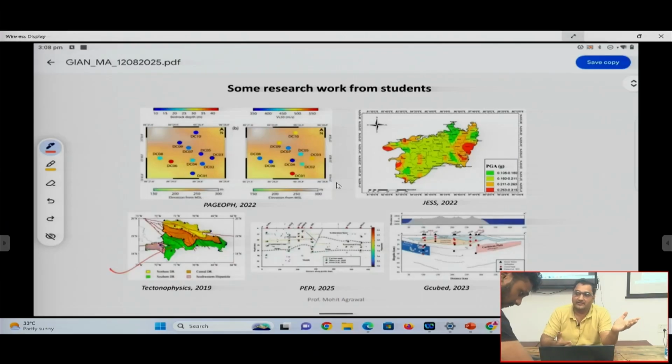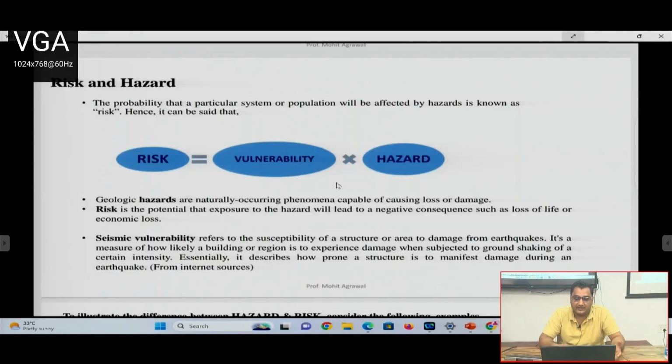But the truck itself is known as the hazard. So in the context of earthquakes, the hazard is basically the earthquake that we are talking about. And risk is what? It is the probability that there will be some casualties or damage because of those earthquakes. That is your risk.